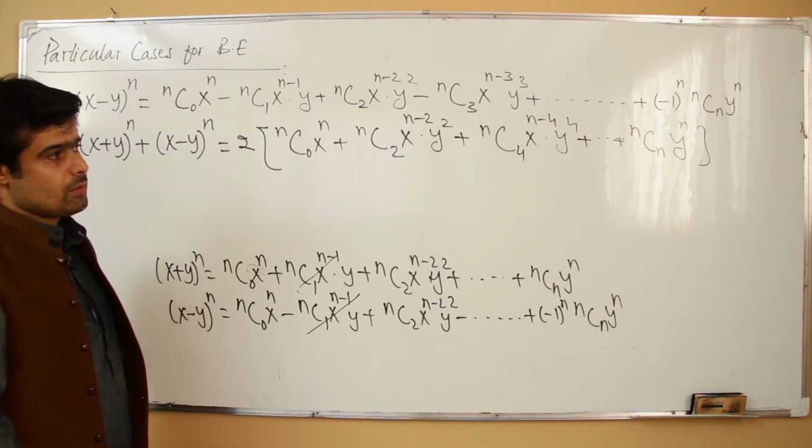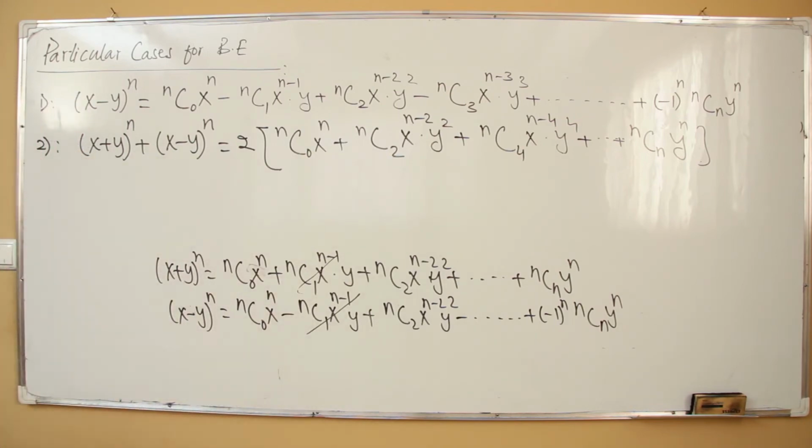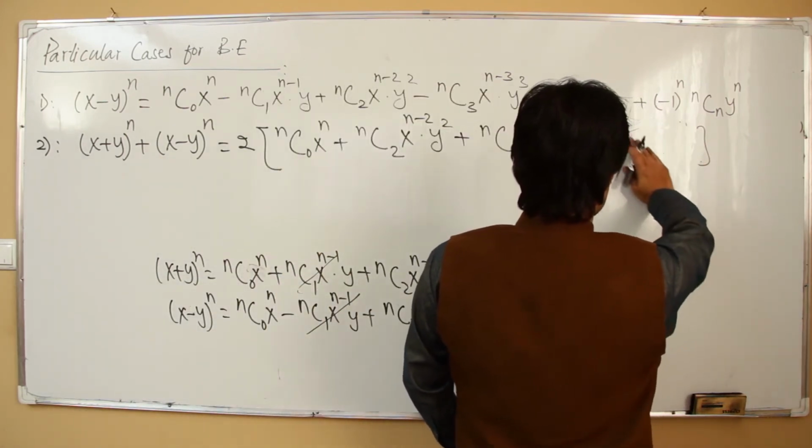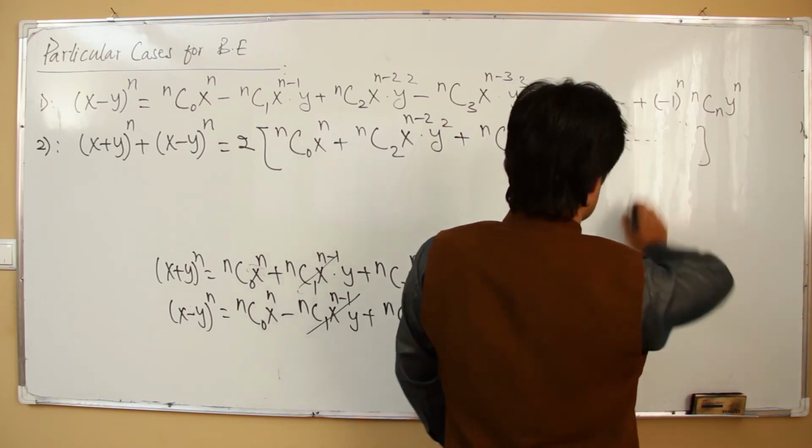Is this n an even number or an odd number? It is even, if this one is even. Else we can write plus dot dot dot.